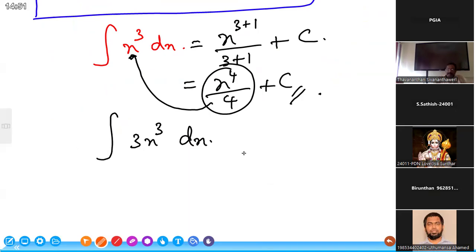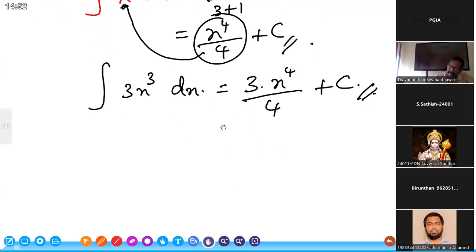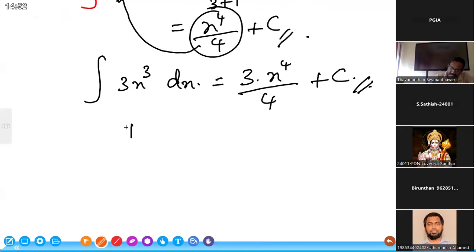Anyone? 3x to the power 4 divided by 4 plus c. Yeah. So that is 3 into x to the power 3 plus 1, which is 4, divided by 4 plus c. Right?